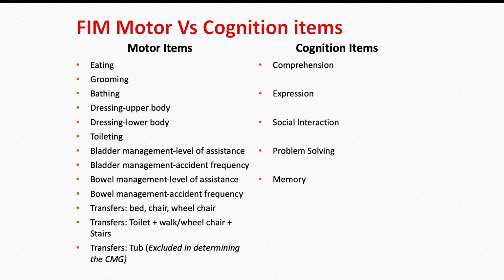FIM motor versus cognition items. Motor items: eating, grooming, bathing, dressing upper body, dressing lower body, toileting, bladder management level of assistance, bladder management accident frequency, bowel management level of assistance, bowel management accident frequency, transfers: bed, chair, wheelchair, transfers: toilet plus walk/wheelchair plus stairs.